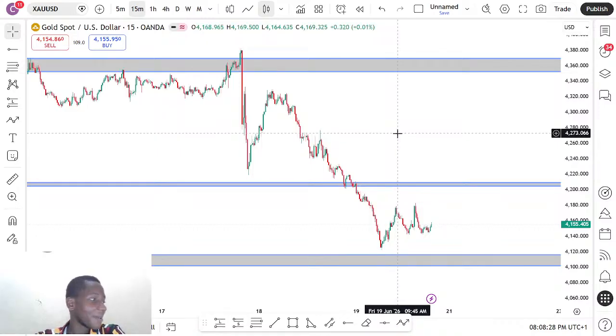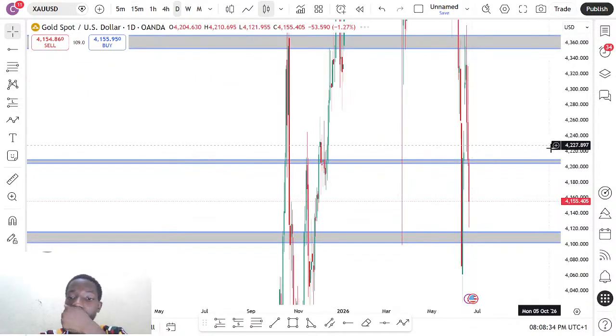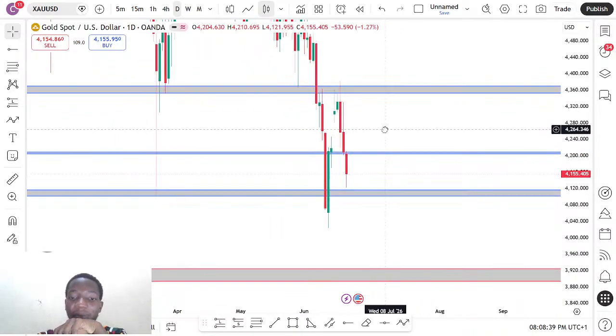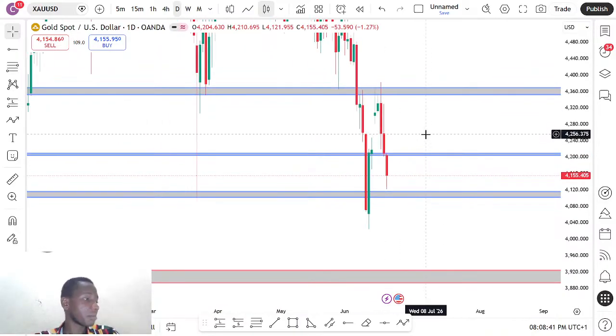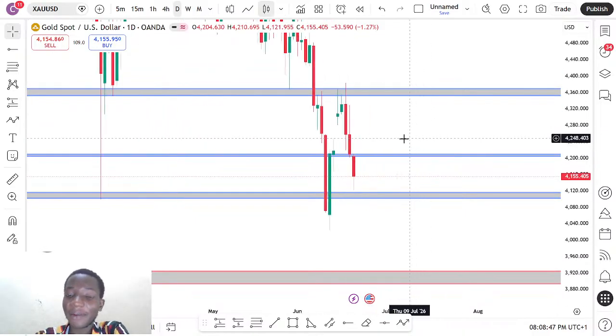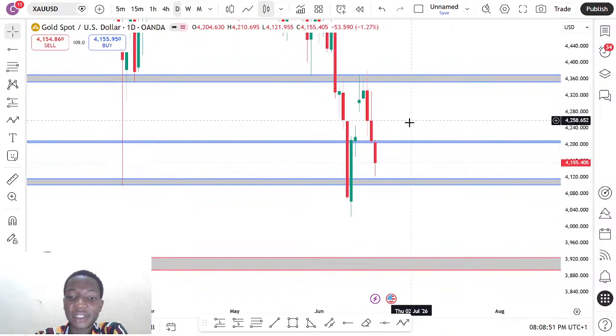So from the daily time frame, if you watch closely, because I normally draw my zone from the daily time frame, the closing candlestick is very important to me.